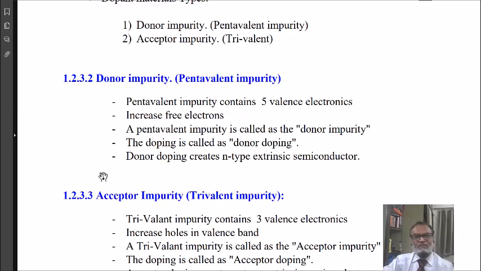Since the pentavalent impurity donates 1 electron, it is also called a donor impurity. And since it is giving new negative particles, that is electrons, for conduction, the semiconductor which is doped with this impurity has an excess number of electrons and therefore can be recognized as an N-type semiconductor.